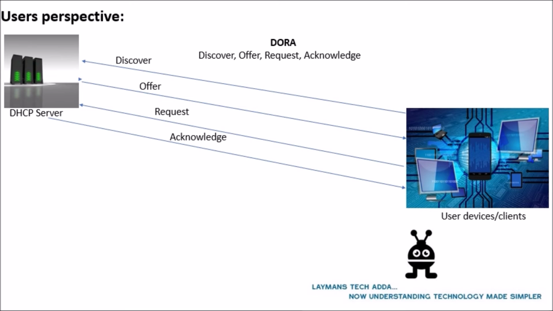Then the next part is the DHCP server offers the IP address or configuration to those devices, and these devices in return request the same, and the DHCP server acknowledges it, and that's it. All these devices will get their configuration, from IP address, gateway, DNS, everything.